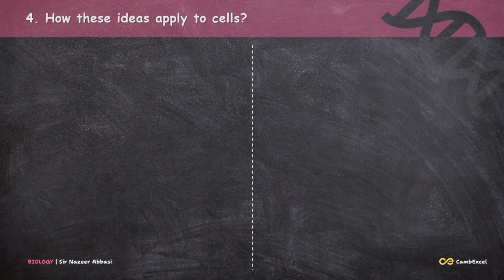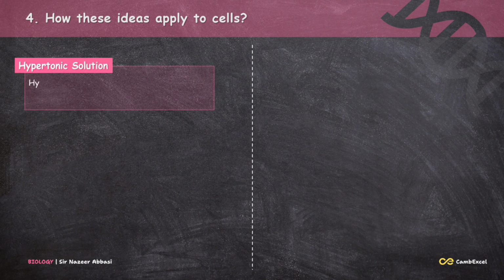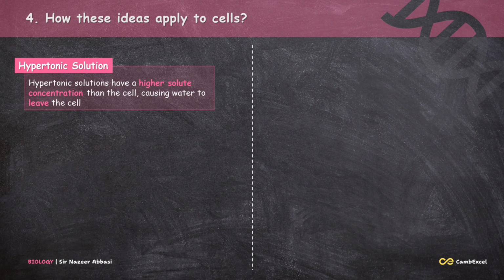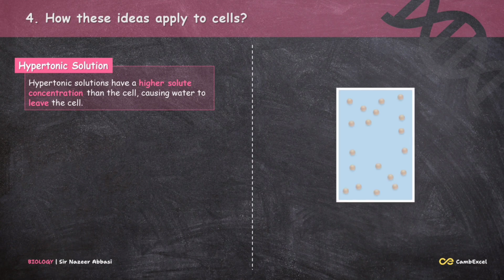Last is the hypertonic solution. The term hyper means higher. So we can say that hypertonic solutions have a higher solute concentration than the cell, causing water to leave the cell. Just imagine a situation that we place a cell in a solution which contains a very high amount of solute.